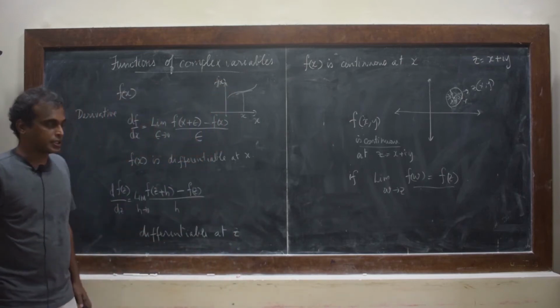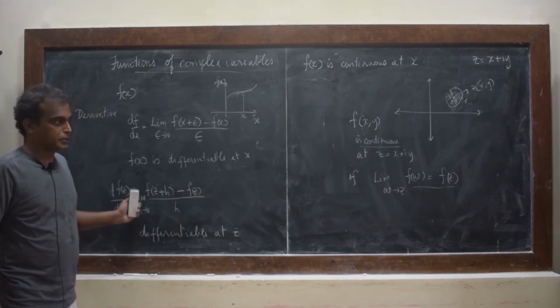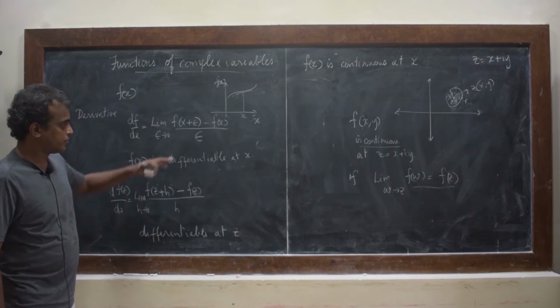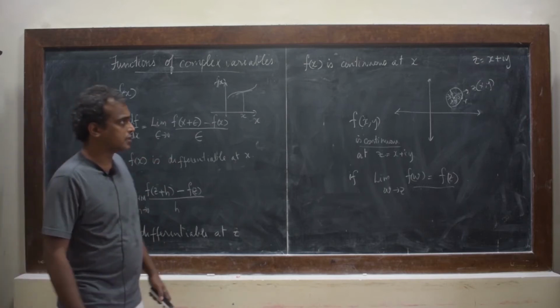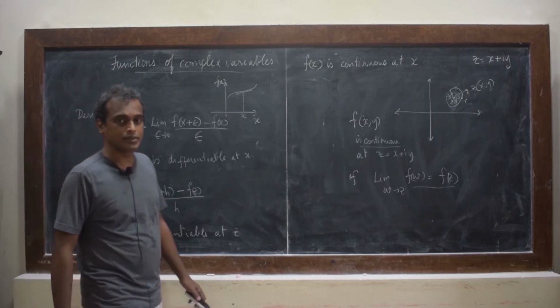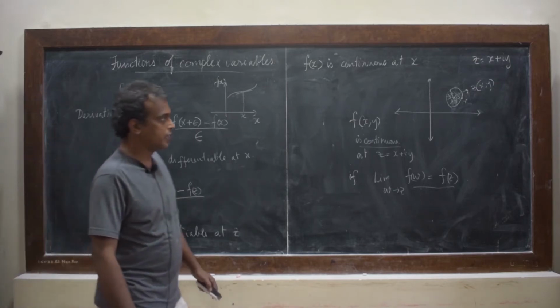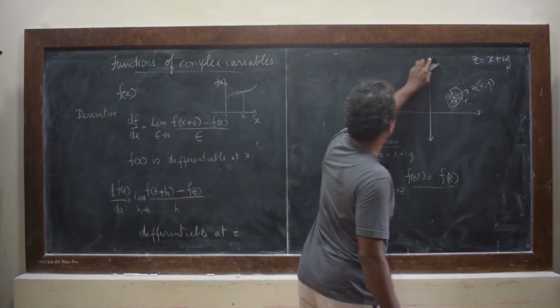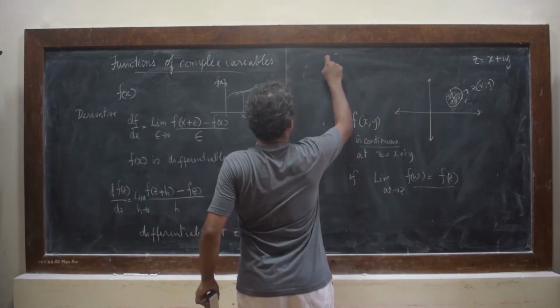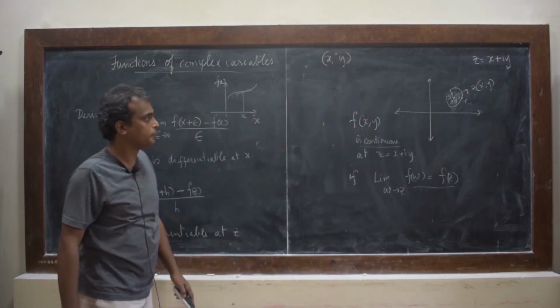This particular condition, that the derivative should have a unique value as you approach from different directions, has a certain consequence. That consequence can be seen if we look at the notion of derivative in terms of the real and imaginary parts x and y.